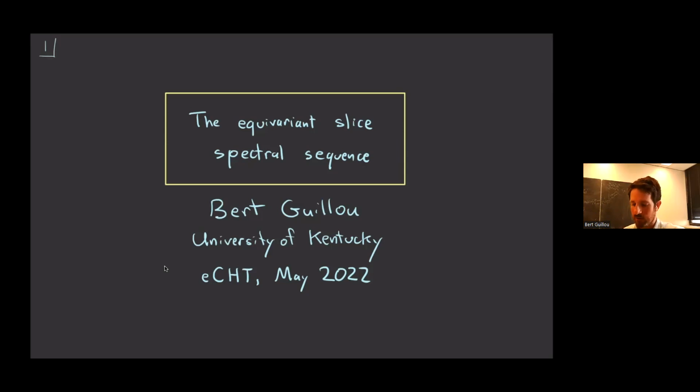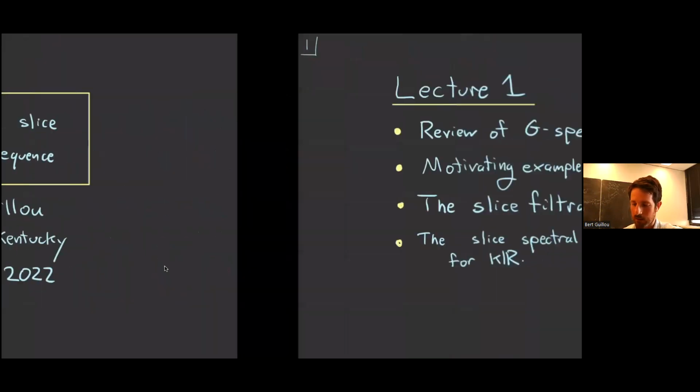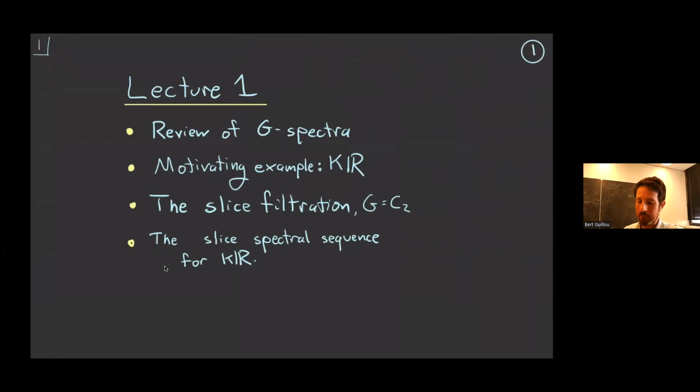All right. So we're going to be talking about the equivariant slice spectral sequence. Today, my goal is to start by reviewing G spectra. The slice filtration and the slice spectral sequence are something happening in the world of G spectra.